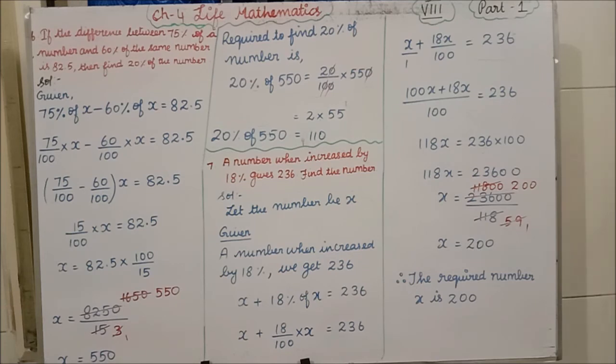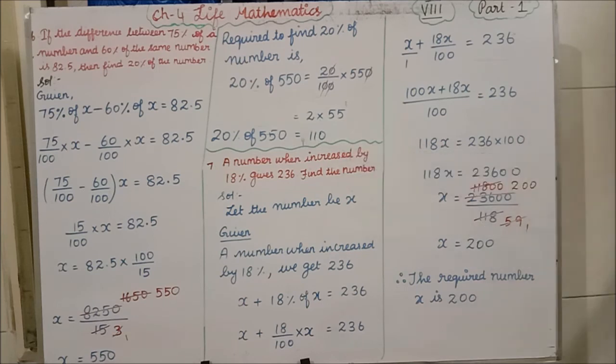A number when increased by 18% gives 236. Find the number. Students, what they were saying: a number is increased by. Increased means you have to put plus. If you see, the 8th question is the same type of question but with one difference.